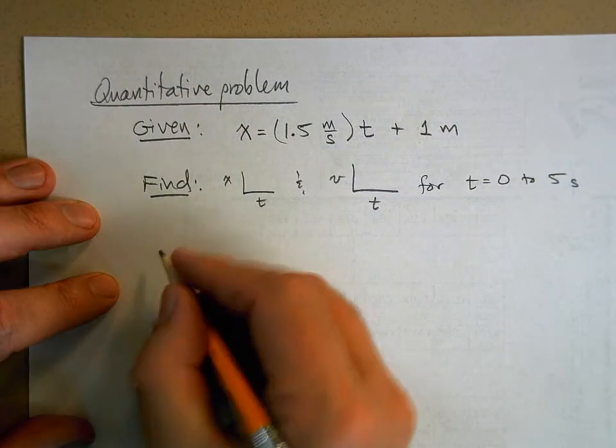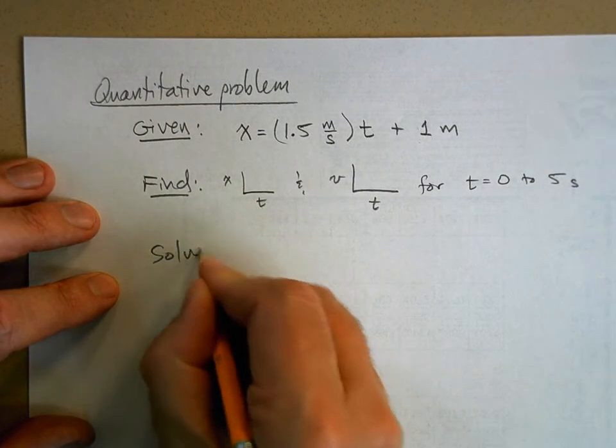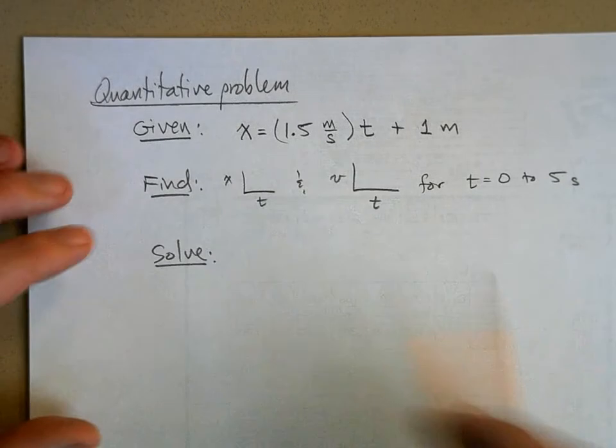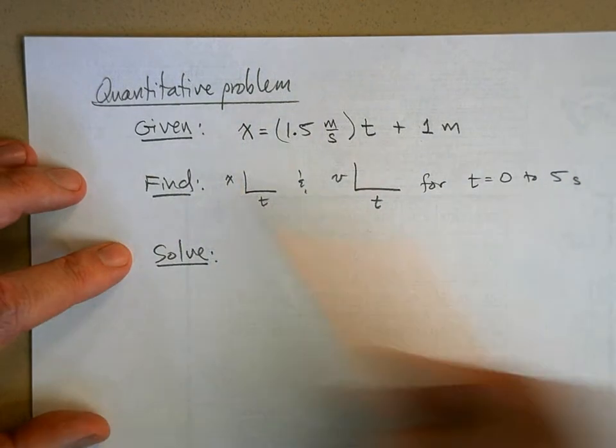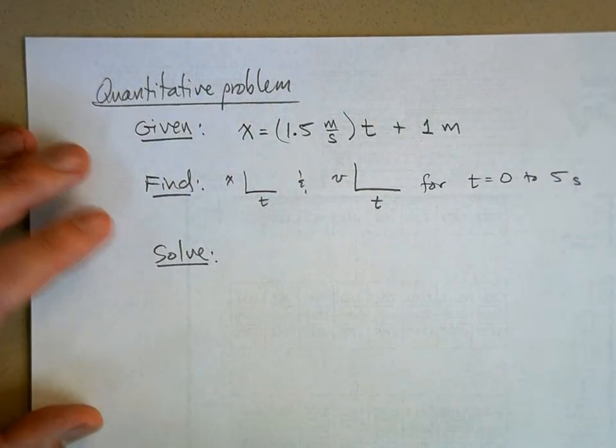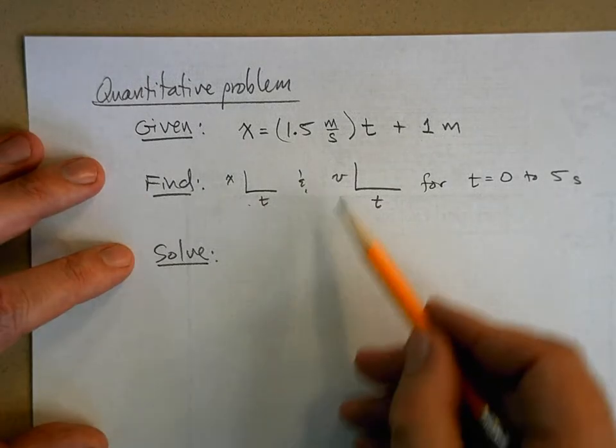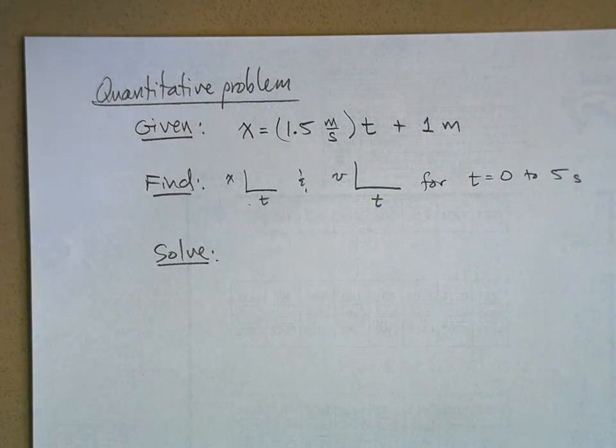So let's solve it. Well, I want to draw this as a graph, and I want to draw position versus time and velocity as a kinematic stack. I would like all your graphs to be kinematic stacks.